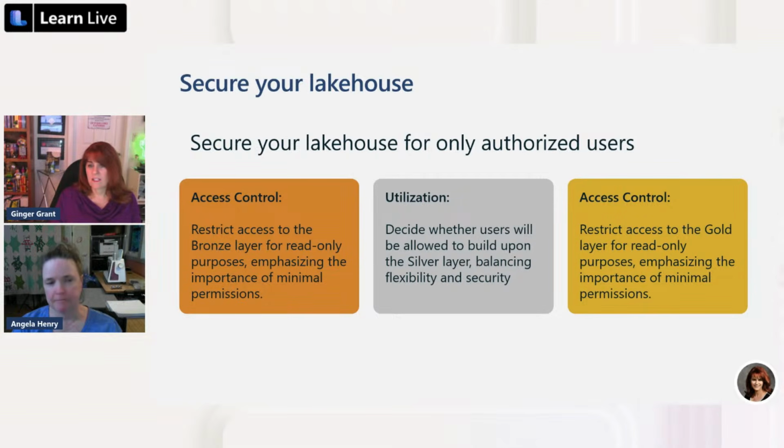And then utilization in your silver layer. The people who need to mess with that are the people who are writing the pipelines. If you're not writing a pipeline, you don't need to do anything there, but you do want to have the ability to modify, unlike what you have in raw. You want to be able to modify, to tweak. And then gold goes back to, no, you can't edit it anymore.